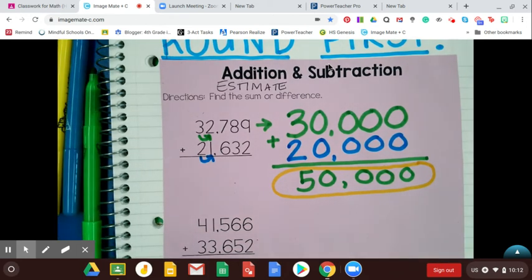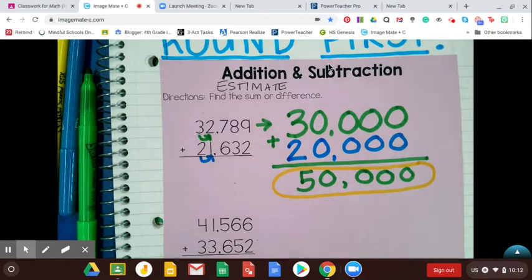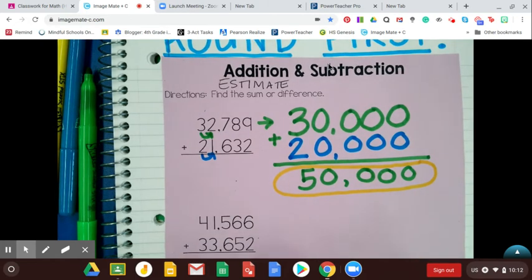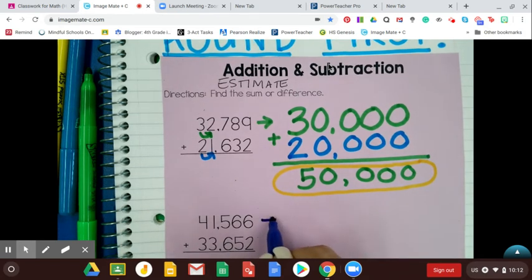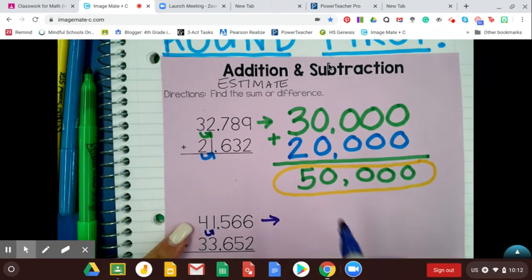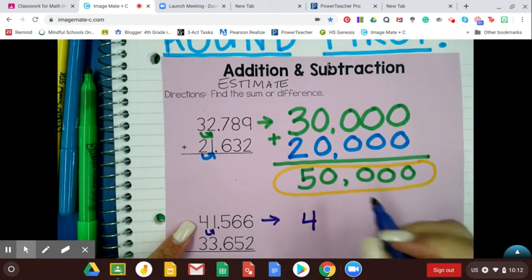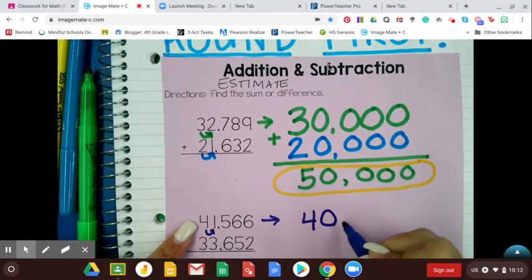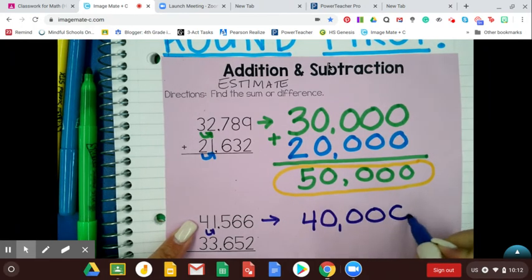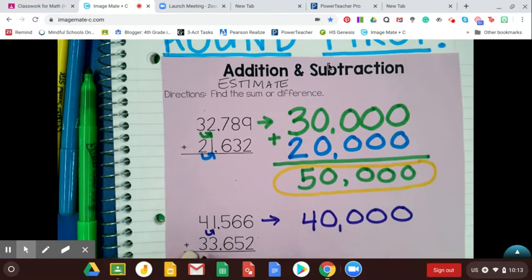All right, let's do another one. Let's do this problem right here. Remember, round first, then add, round first, then subtract. So I am going to look at my 1, 4 or less, let it rest. My 4 will rest, it'll stay the same. Everything else after it will turn into a 0. Let's take a look at my next number, 33,652. I'm going to draw an arrow to the right.